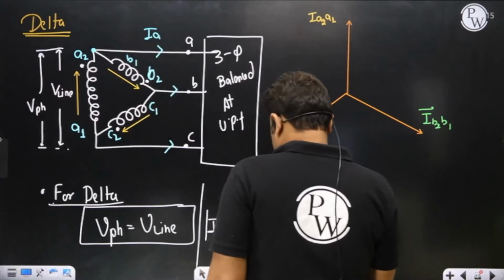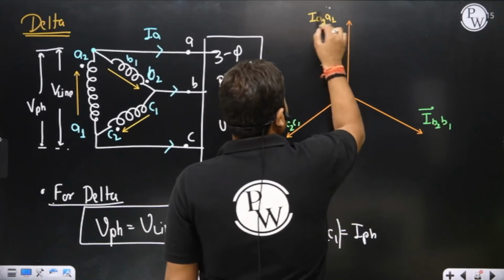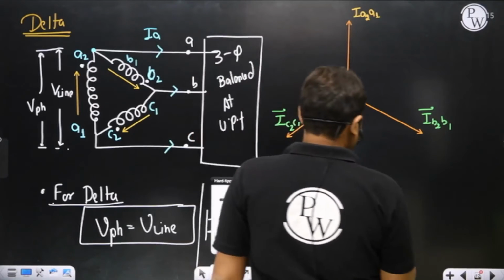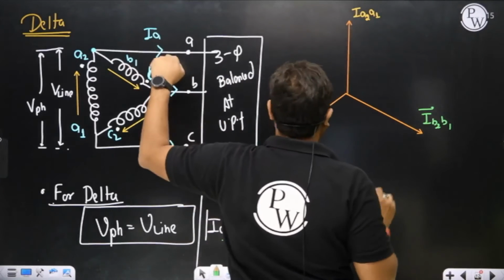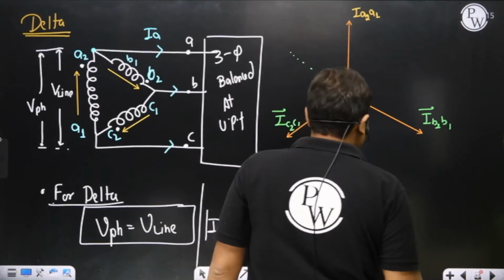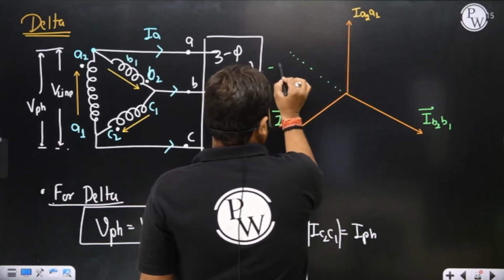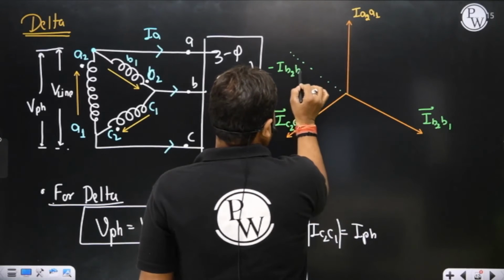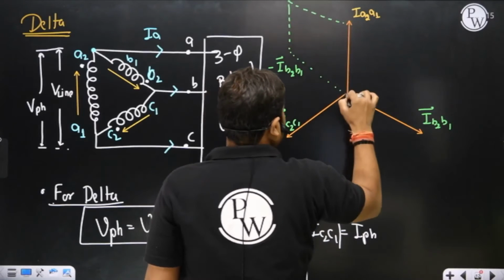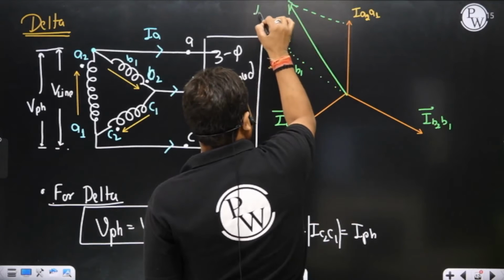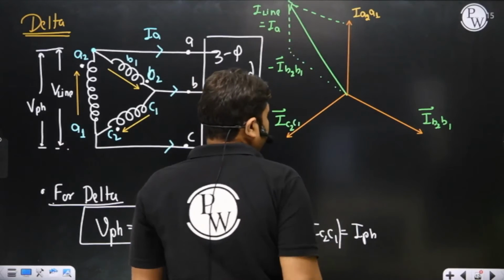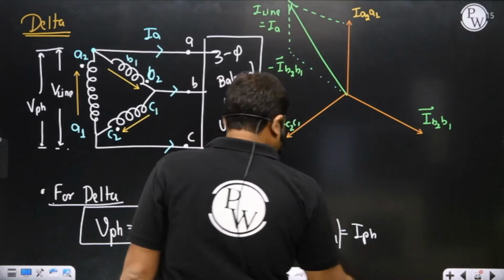So the line current IL of A phase is the phasor sum of IA2A1 and minus IB2B1. By the parallelogram method, we can find this line current. This is what we call line current, and you can represent it as IA. What is the value of IA, sir?